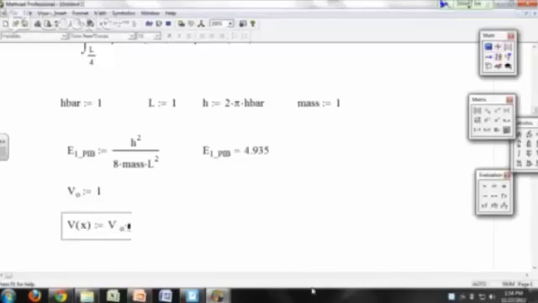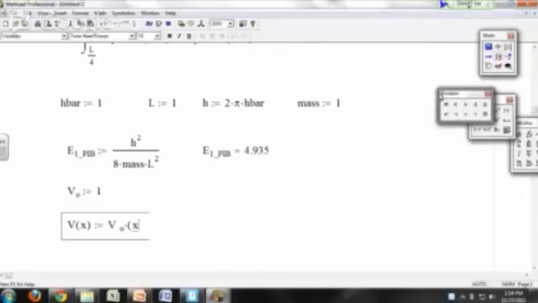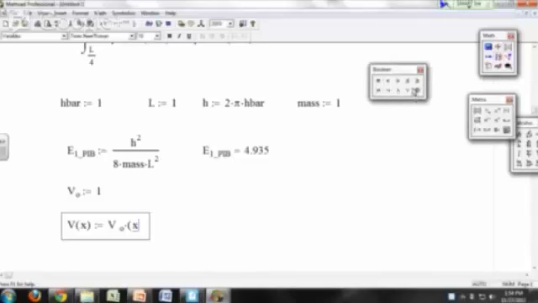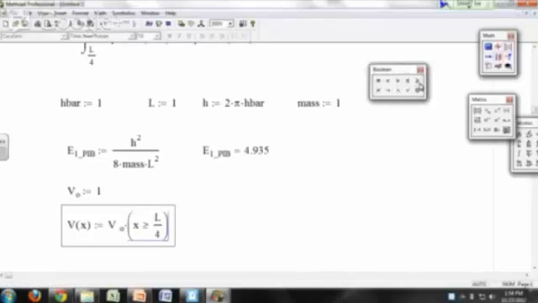V of x, potential energy as a function of x, is equal to V naught times, what's our Boolean expression? Right here, this toolbar is your Boolean toolbar. So x is greater than or equal to L over 4 times x less than or equal to 3L over 4.